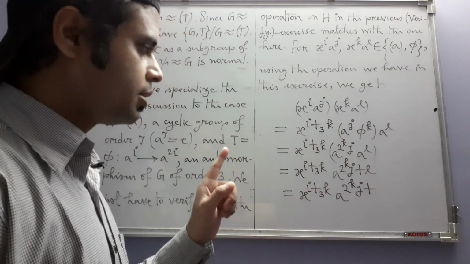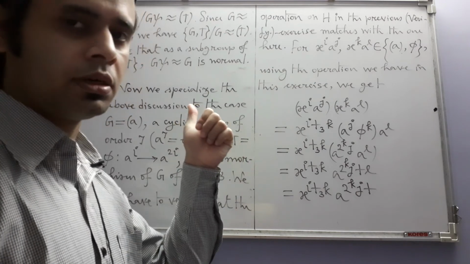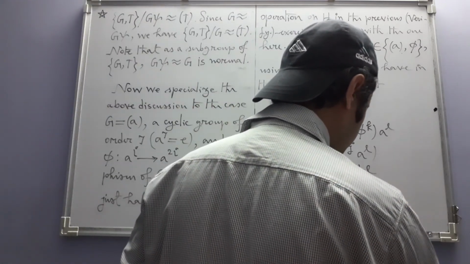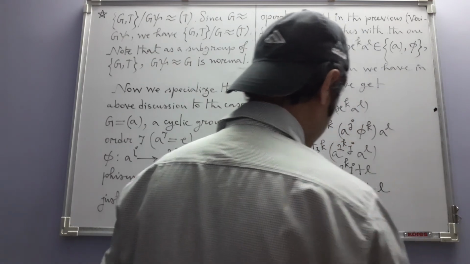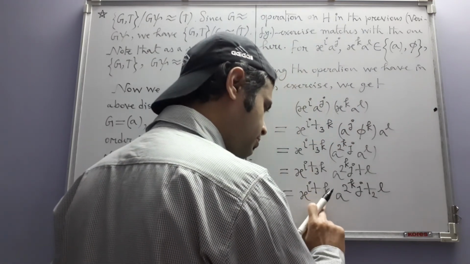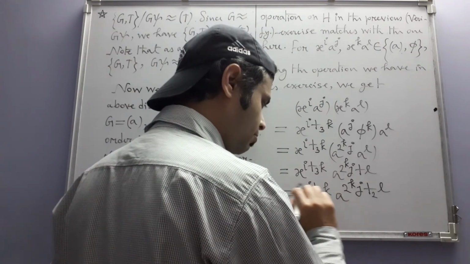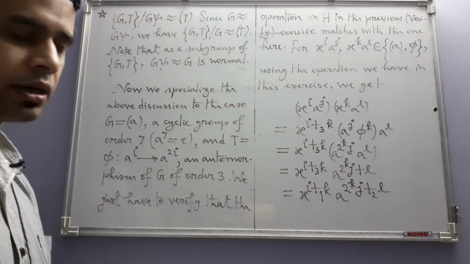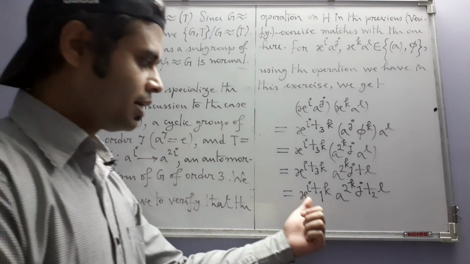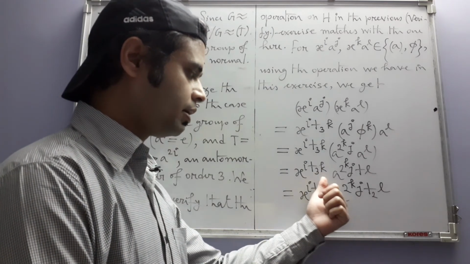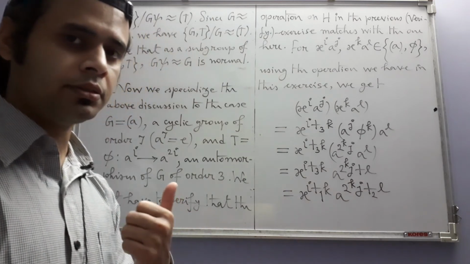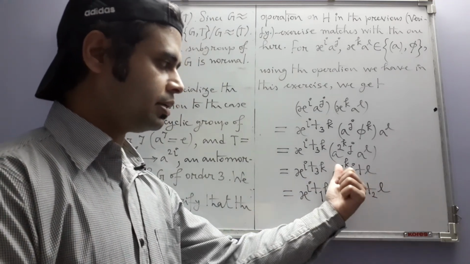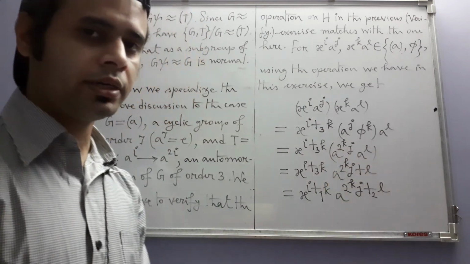Now according to the notation that we used in the previous verify exercise, this plus is plus 2 and this plus is plus 1, where recall that plus 1 denotes the remainder when i plus k is divided by 3, and plus 2 gives us the remainder when this thing is divided by 7.